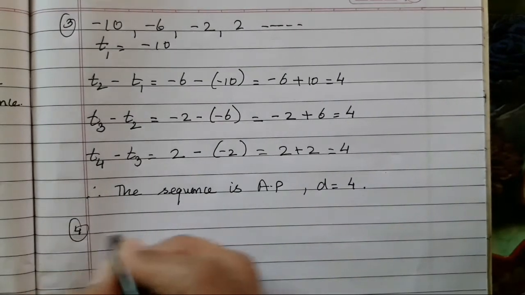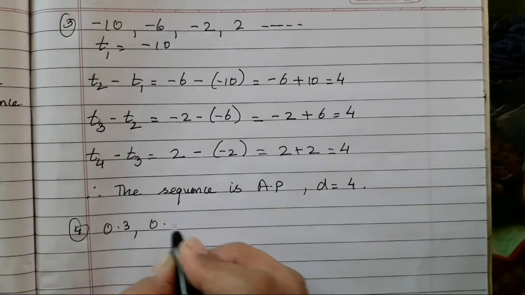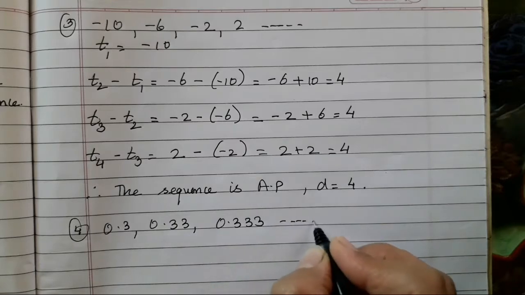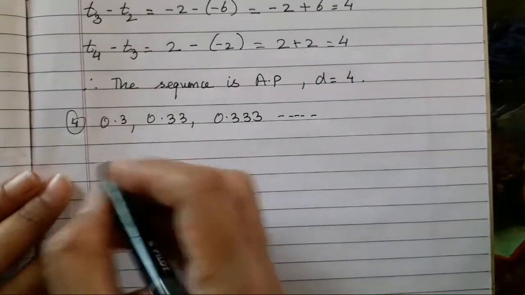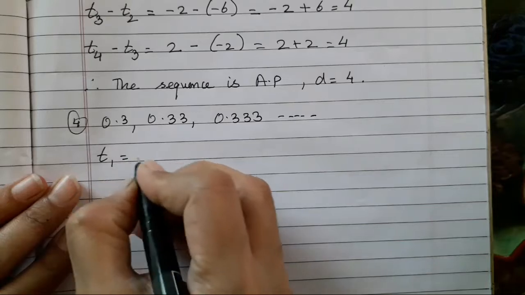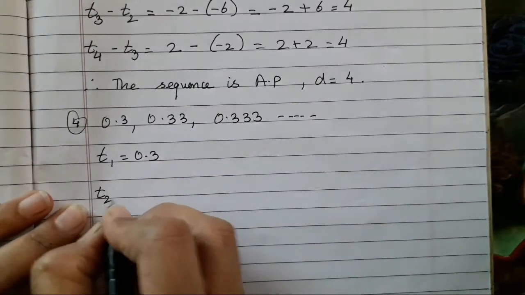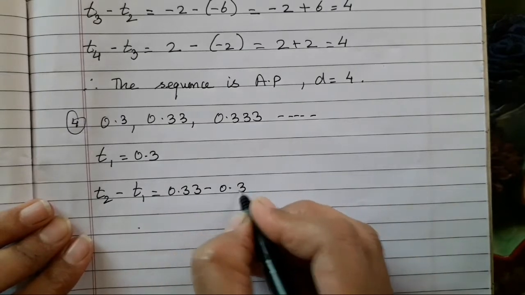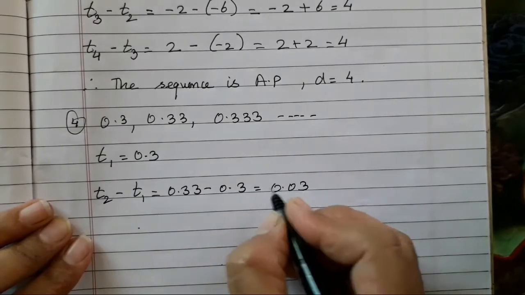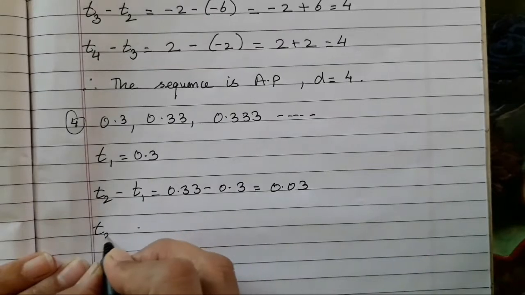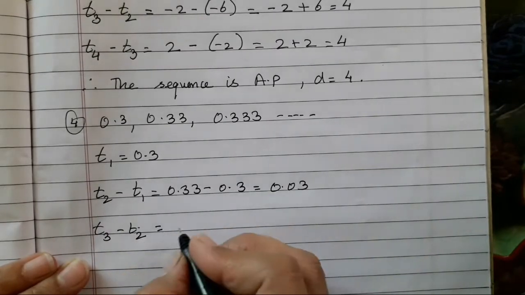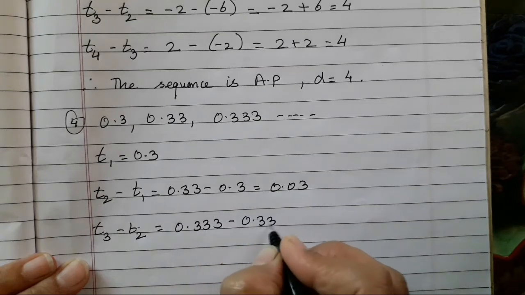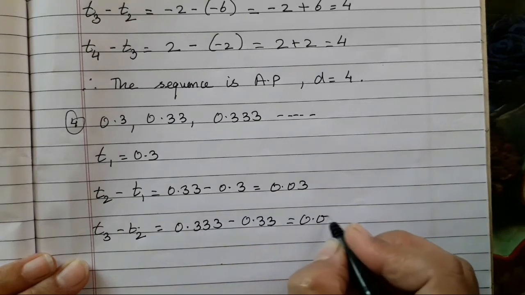The fourth sum is 0.3, 0.33, 0.333, and so on. T1 is 0.3. T2 minus T1 is 0.33 minus 0.3, which is 0.03. You have to subtract it. T3 minus T2 is 0.333 minus 0.33, which is 0.003.